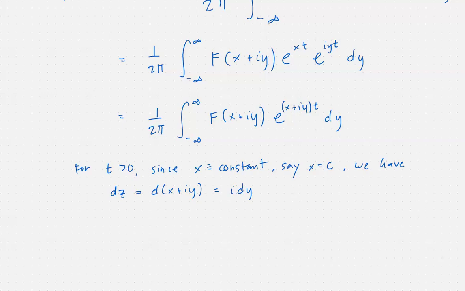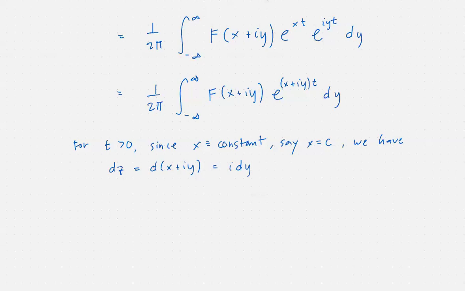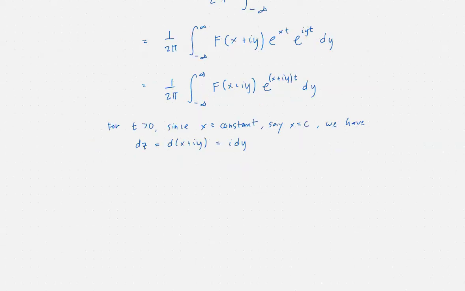So our small f of t, our inverse Laplace transform, is just 1 over 2 pi integral from negative infinity to infinity of F. Now, in our case, we can write x plus iy as z.